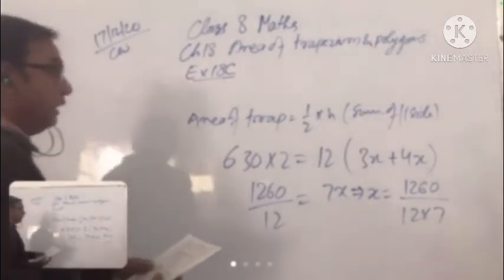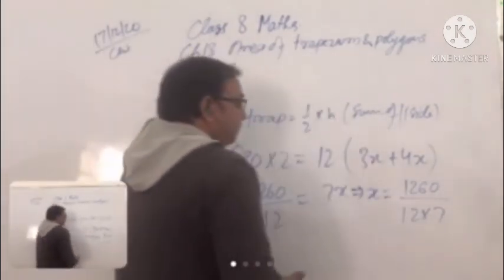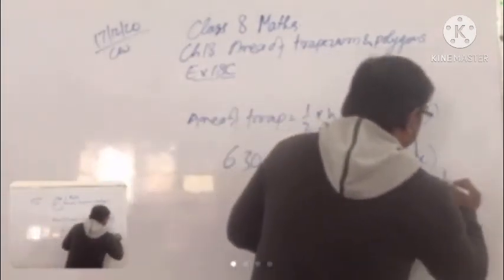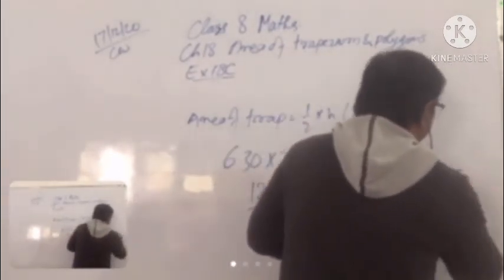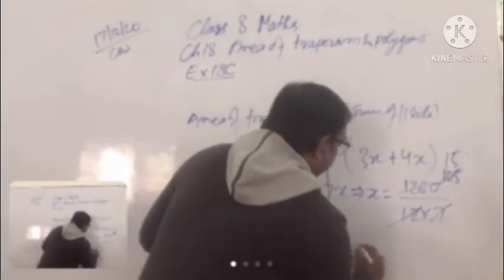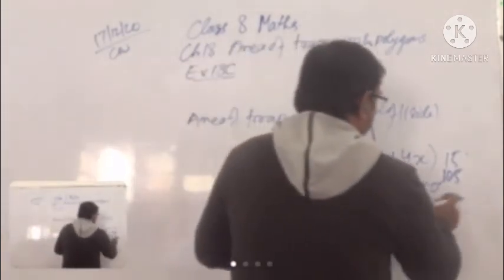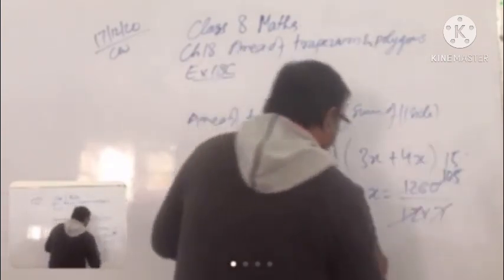I think the question is wrong here. Because 12 ones are, oh, no. Exactly right. 7 ones are and 15. 15 is the right answer. x is equal to, 12 ones are 12 and then 0, then 5 is 60. Then 15 is the right answer.